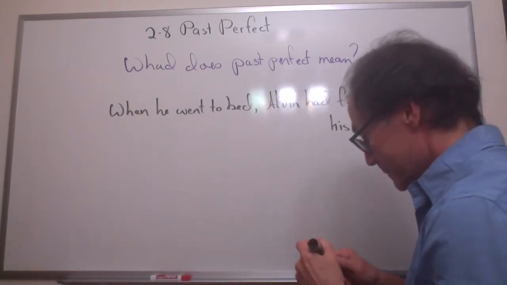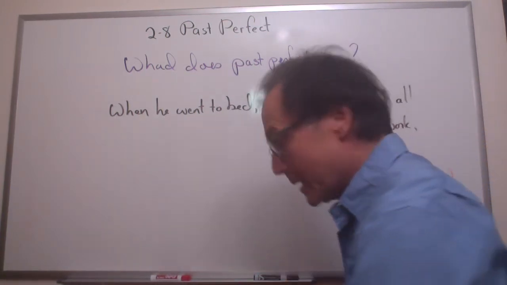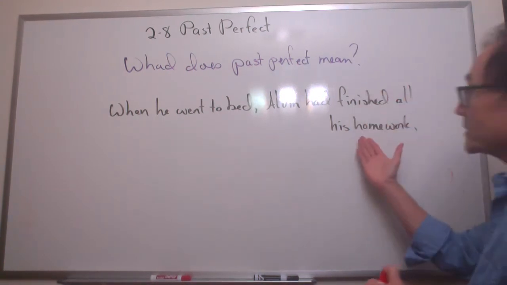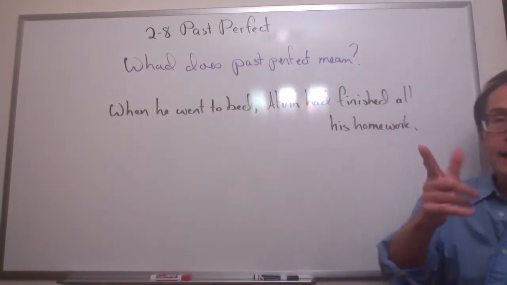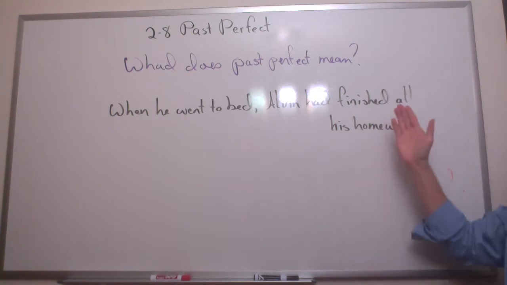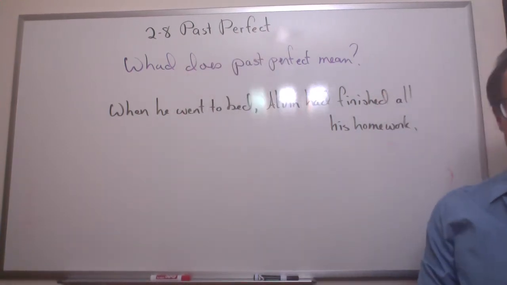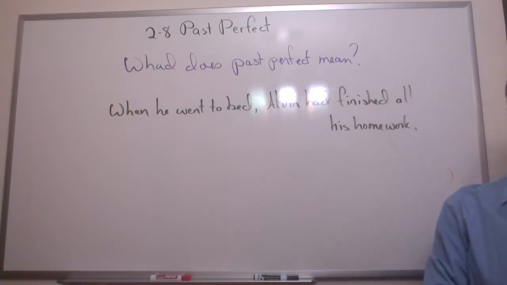Now, take a look here. When he went to bed, Alvin had finished all his homework. Look at this sentence and just take a second, find the verb that is in past perfect. You can pause if you need a second.